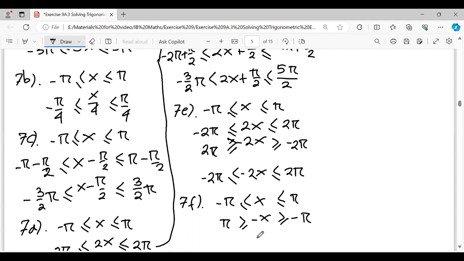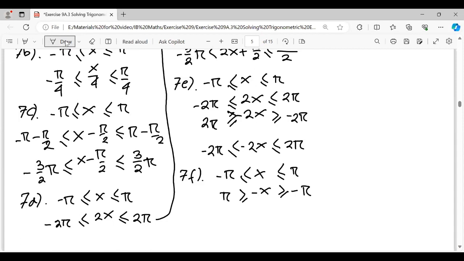This is negative pi. If pi minus x, it means plus pi.